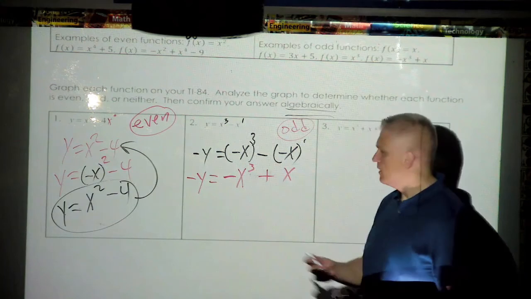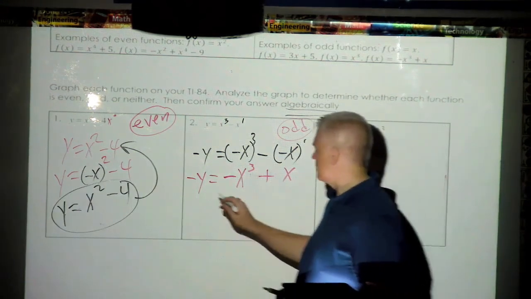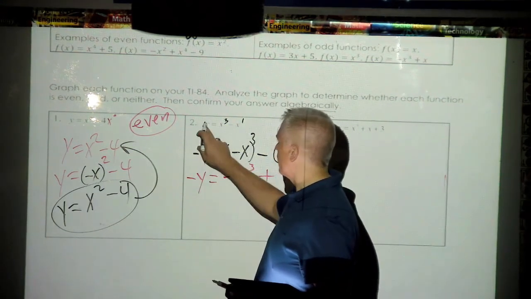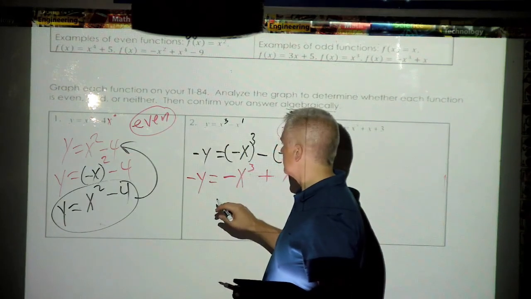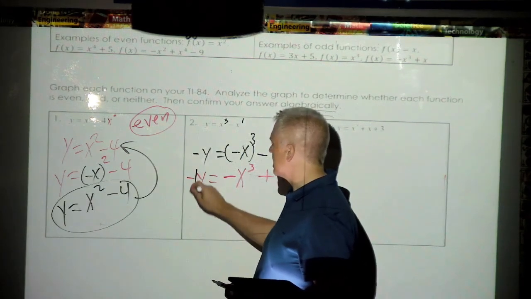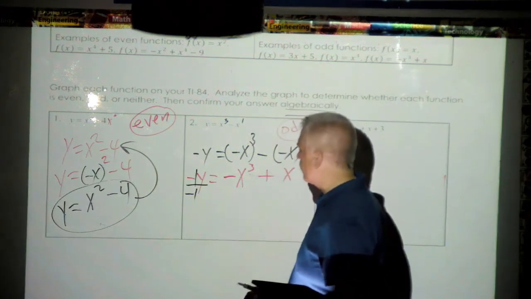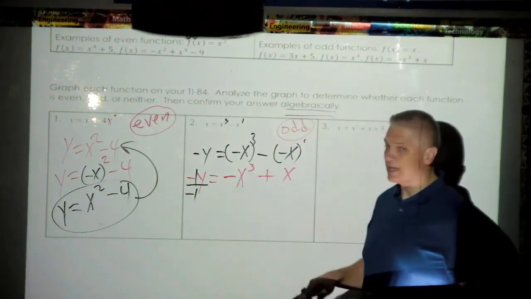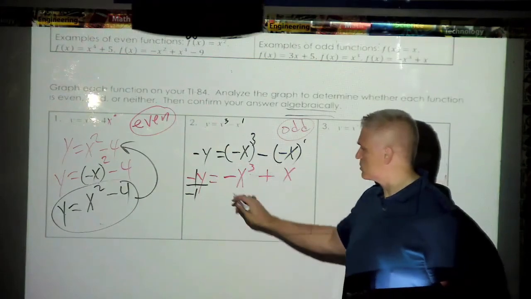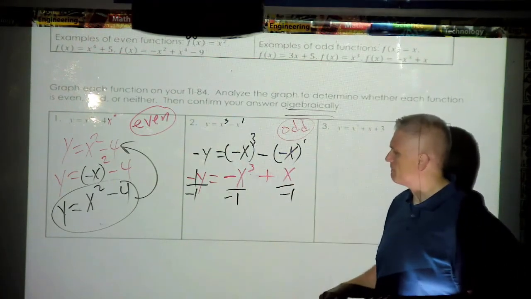Have I solved for y? No. I want y equals. This term has a negative 1 in front of it, so I have to divide by negative 1. I have to divide every term on both sides. Don't just divide one of them. Every term on both sides, divide by negative 1.